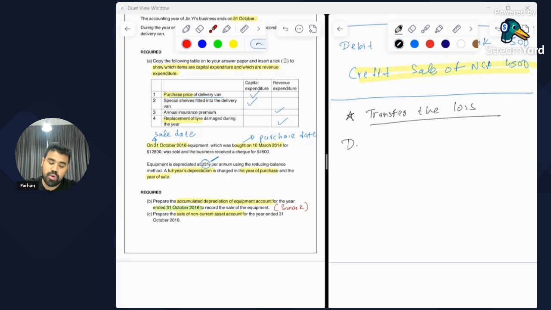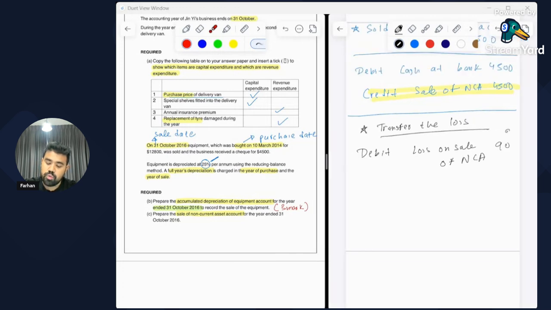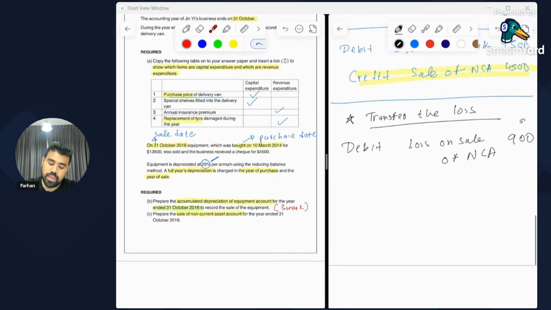So we would end up debiting the loss on disposal or the loss on the sale of non-current asset account. Because this is an expense and we understand all expenses are debited, we would be debiting 900 anyway. And the credit would be the sale of non-current asset.